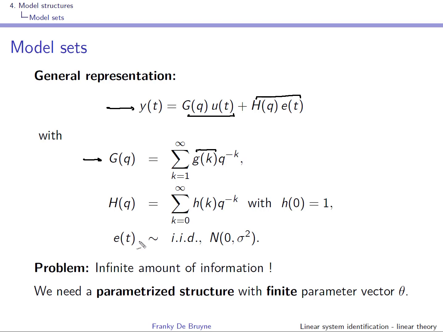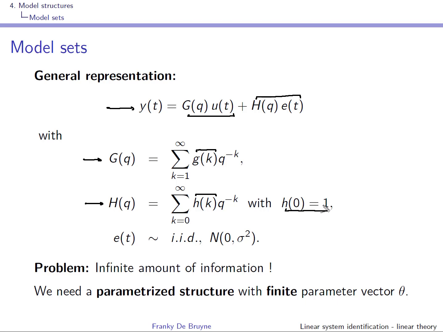It's a sequence of variables that are independent, identically distributed according to a Gaussian distribution of zero mean and variance sigma squared. This white noise goes through a noise filter, H(q), that can also be described as follows using its associated impulse response.